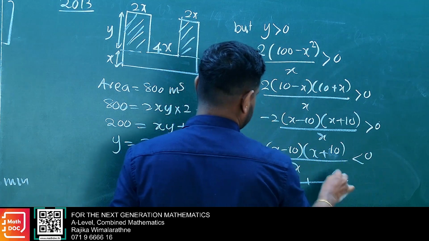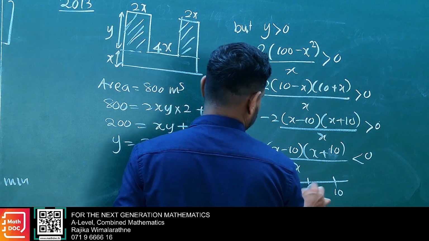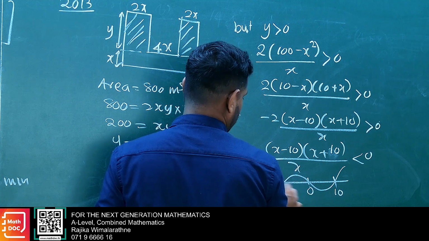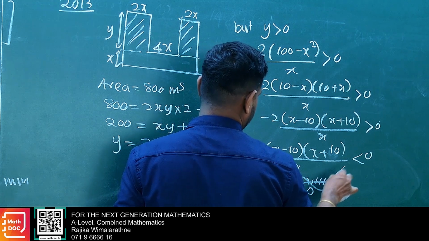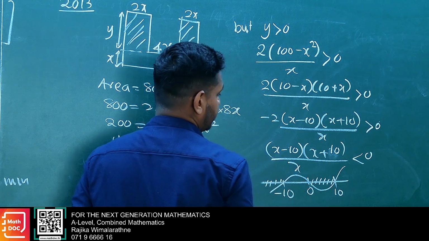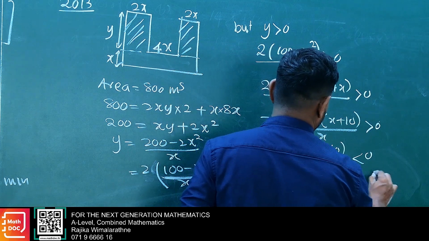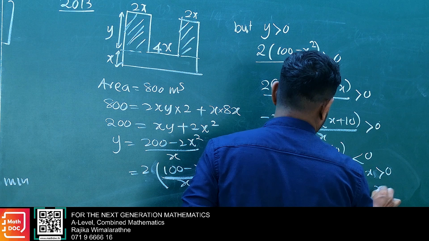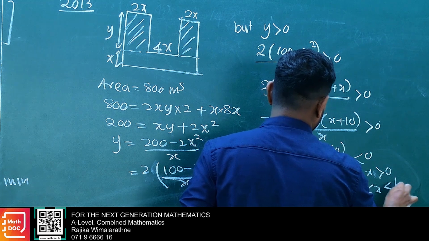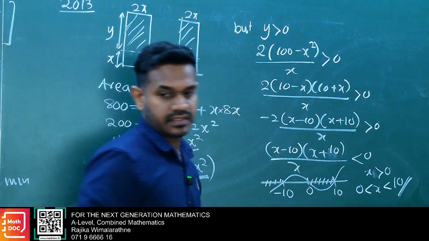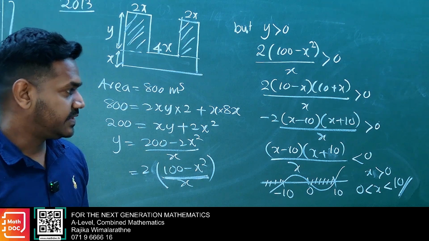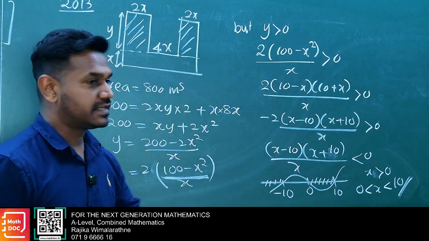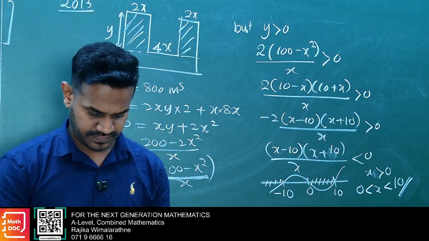The negative regions are for x less than minus 10 and between 0 and 10. But we know x is positive, so x is between 0 and 10. We haven't done differentiation yet, but you have to analyze that.